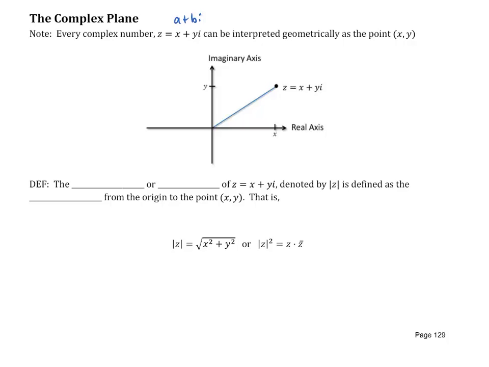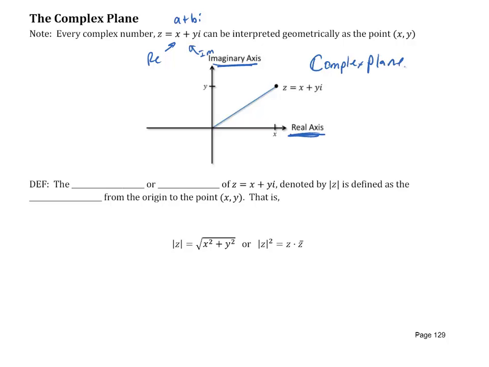Let's think of each number as a point where the real part is a value corresponding to a real number axis, and the imaginary part, the y in my case, would be a number corresponding with a vertical number line or imaginary axis. So every complex number, x plus yi, can be thought of geometrically as a point on some plane, which we'll call the complex plane.